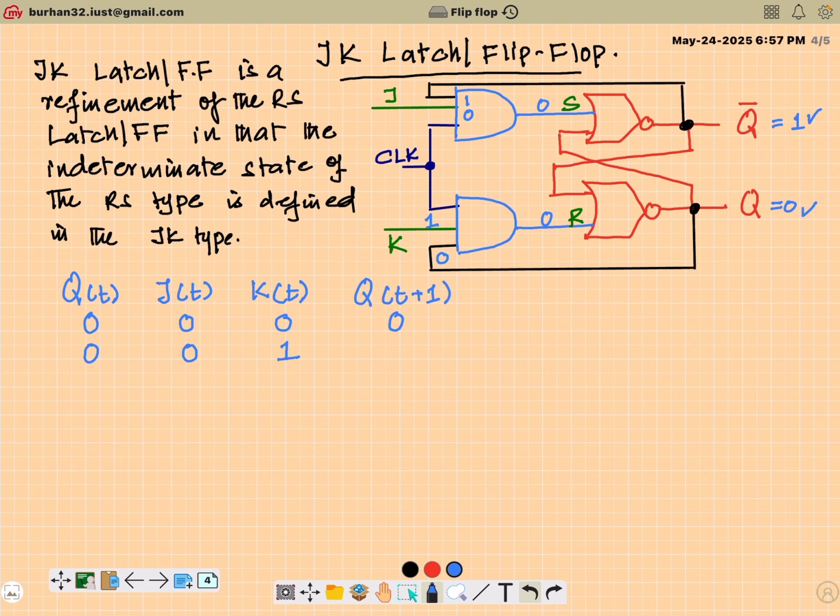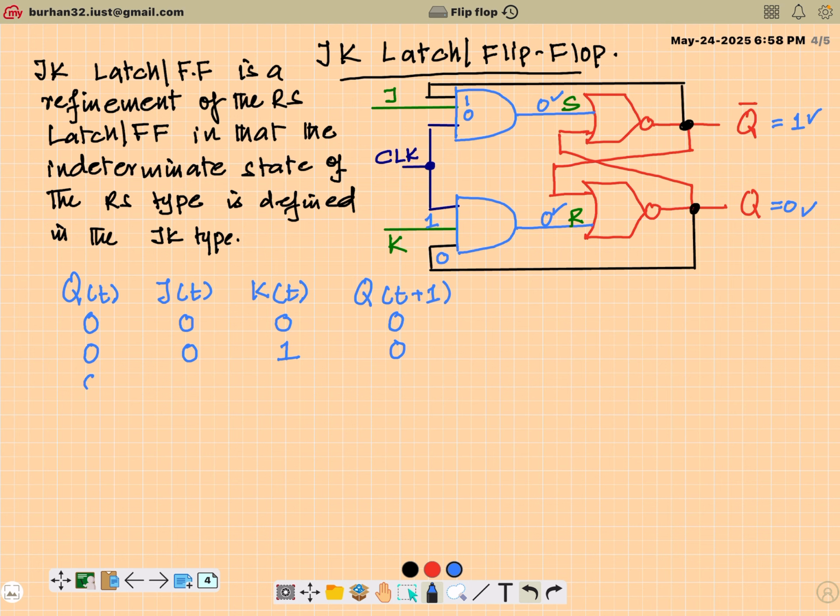J is still 0. But since one of the inputs of the AND gate is 0, R will still be 0, S will still be 0. And the basic SR behavior is that when S is equal to 0 and R is equal to 0, your previous state is maintained. So in this case also, it will be 0.